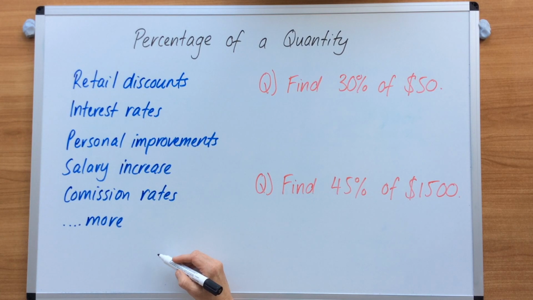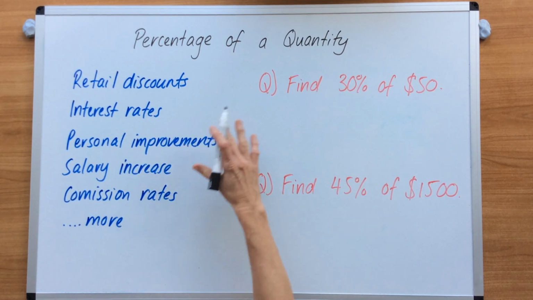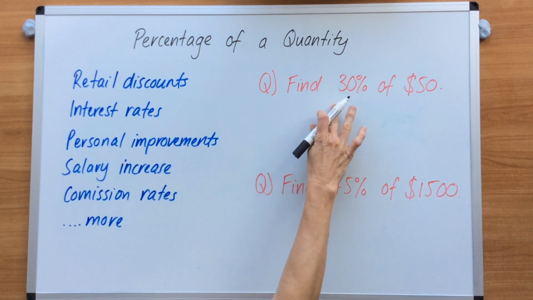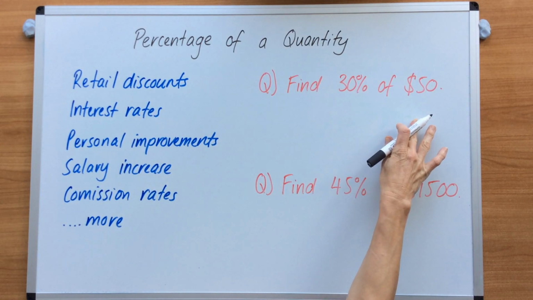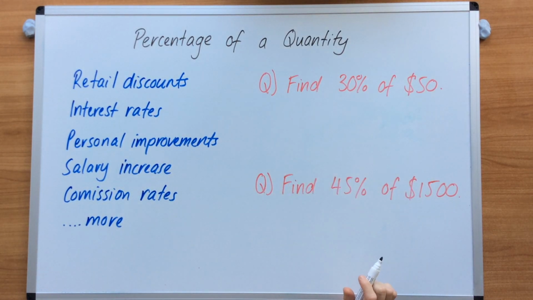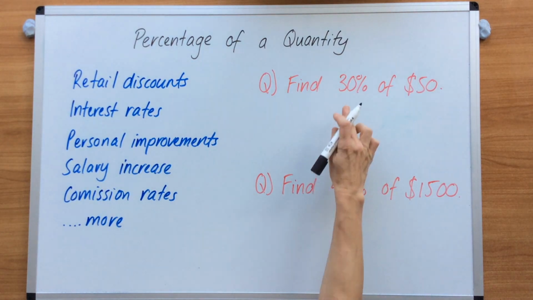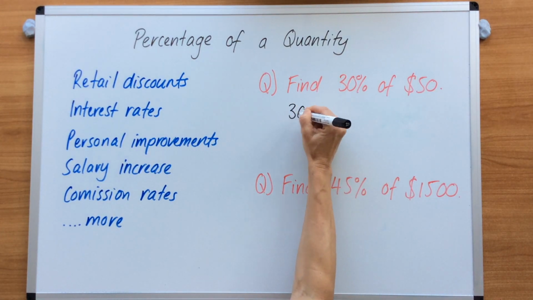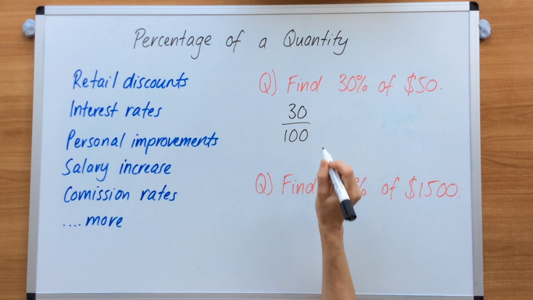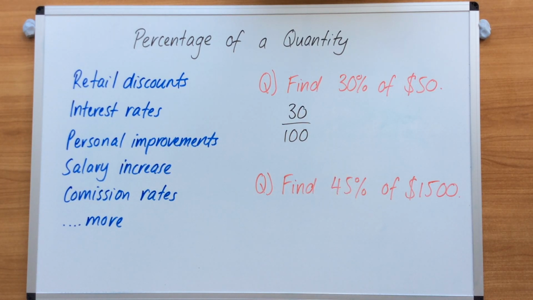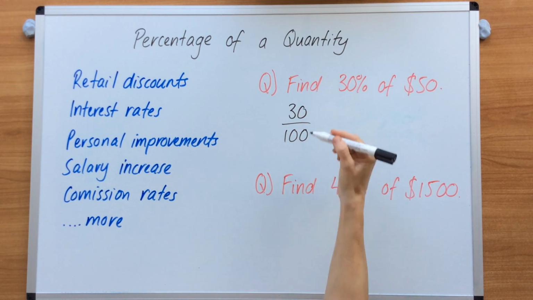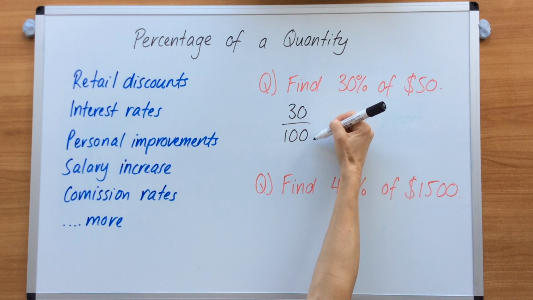So questions that you will commonly get will look like this. Find 30% of $50. There's a particular way that you must set this out, and I'm going to show you. So we start with 30%. Now 30% is out of 100. Okay? So 100% is the maximum we're working with in this situation. So 30% over 100%. Okay?